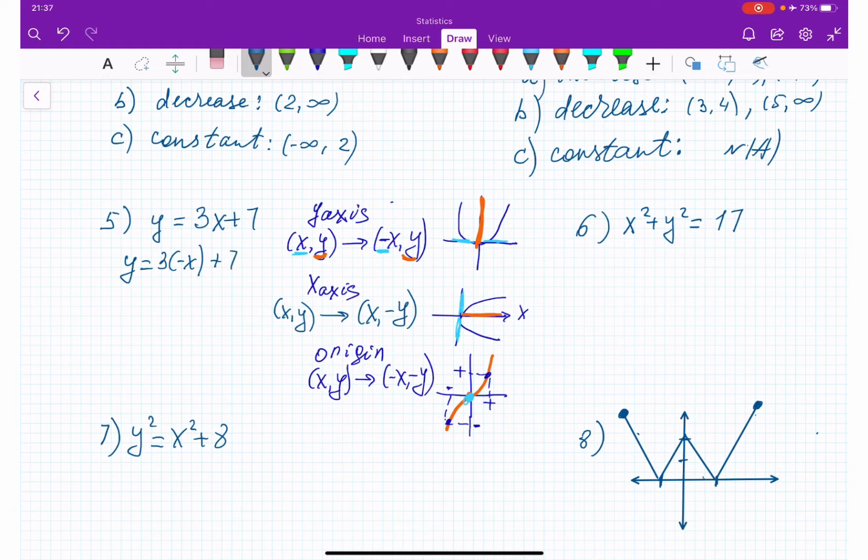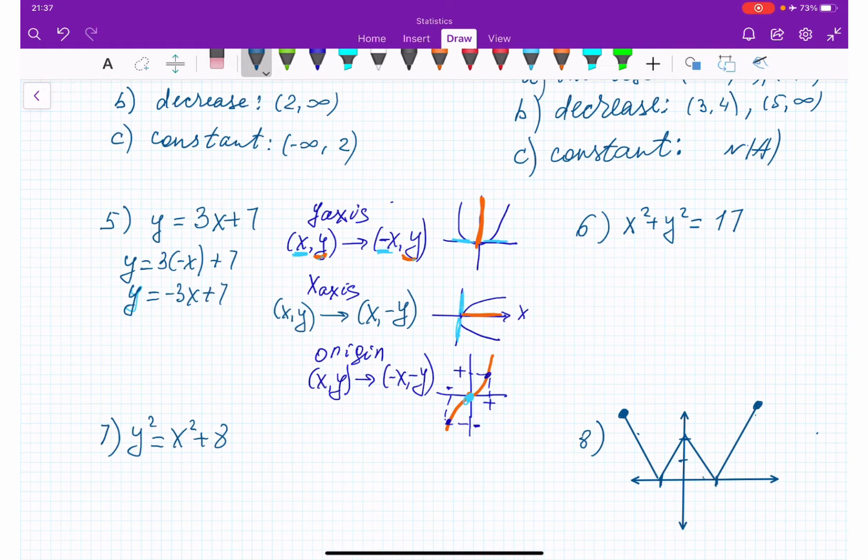I have x, now I'm plugging in negative x. I should get the same y, correct? Which means I should get the same equation. And that is y equal to negative 3x plus 7, which means this is not symmetric to the y-axis, because the original y, 3x plus 7, is not equal to negative 3x plus 7.